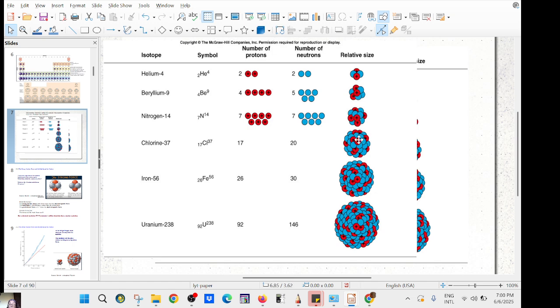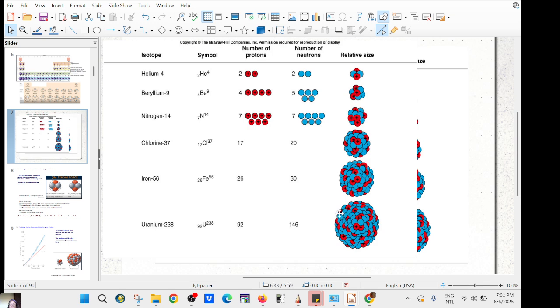Now, as you increase the size of the nuclei, you need to increase the number of protons to increase the binding energy, because you need to overcome the positive potential energy between the protons. They repel each other, so it's like a fight between them.